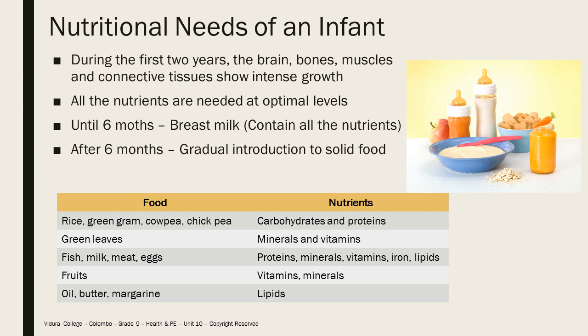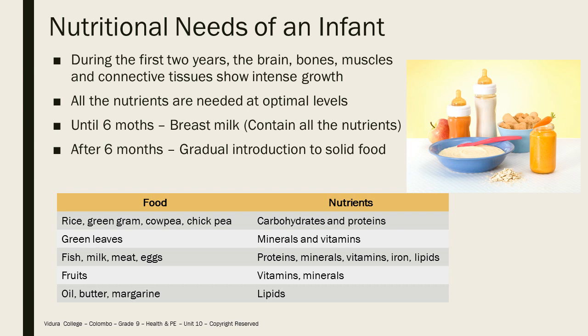Nutritional needs of an infant are very important because this is the period during which the brain, bones, muscles, and connective tissues show intense growth. So it is very important to provide them all the nutrients at optimal levels.